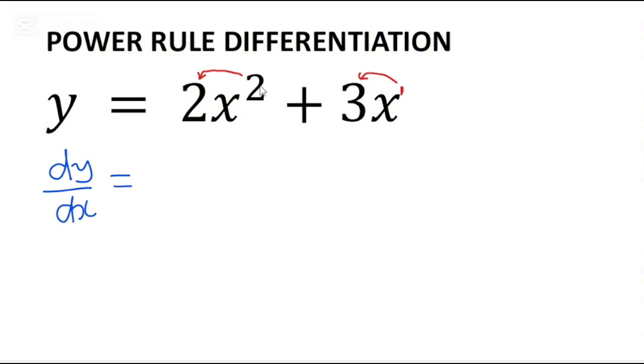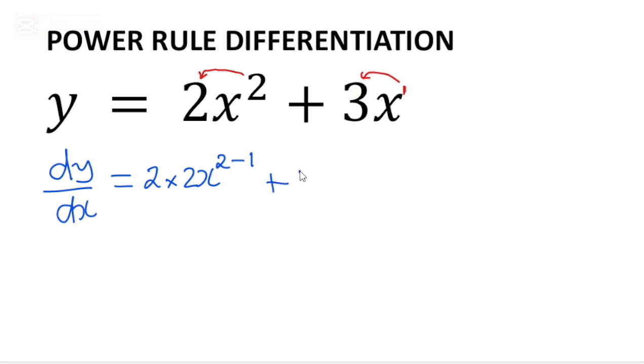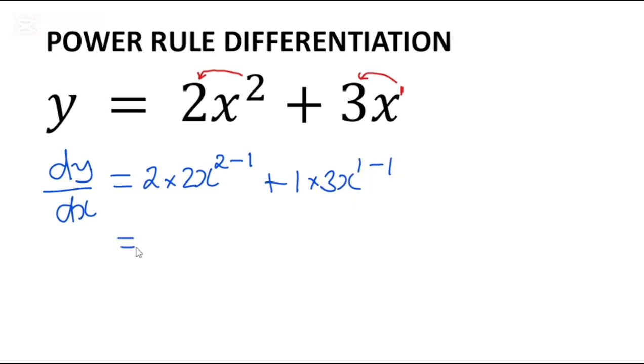So we're going to have 2 times 2, then x to the power 2 minus 1, plus 1 times 3, then x to the power 1 minus 1. To simplify this, 2 times 2 is 4, then x, then 2 minus 1 is 1.